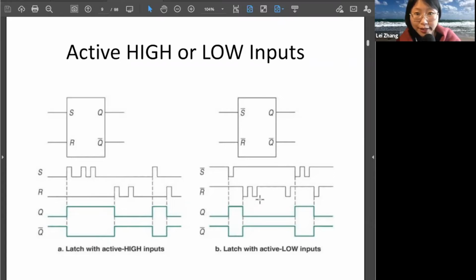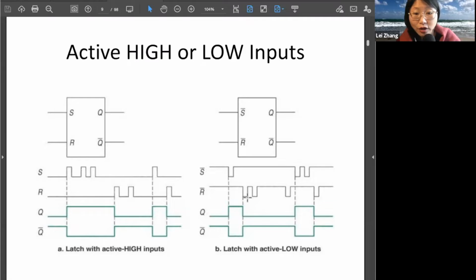So here is another example. After Q is reset to 0, R0, this input, is changed back to 1 and then back to 0 again. This doesn't have any effect on the output because the output is already reset to 0.